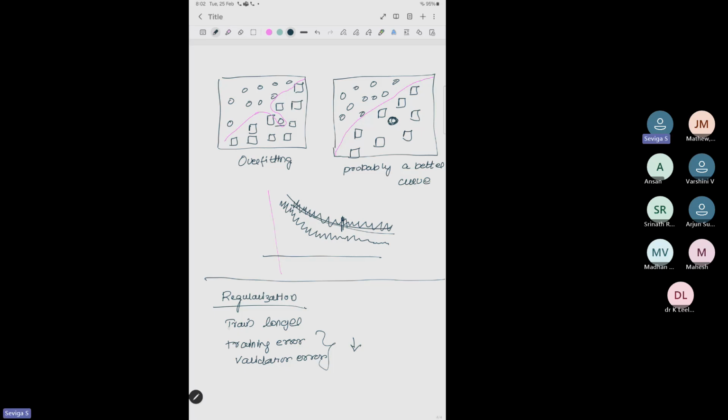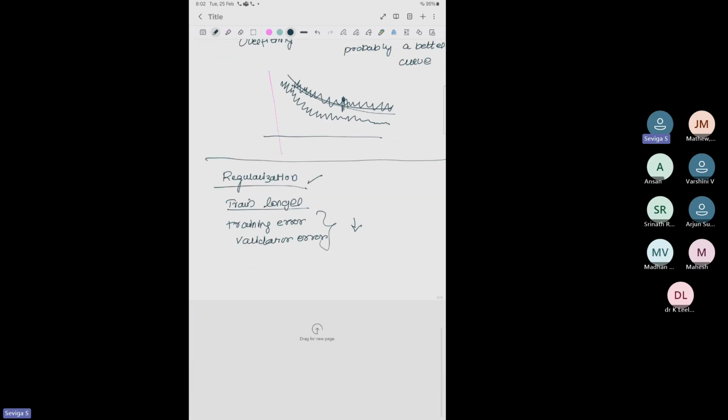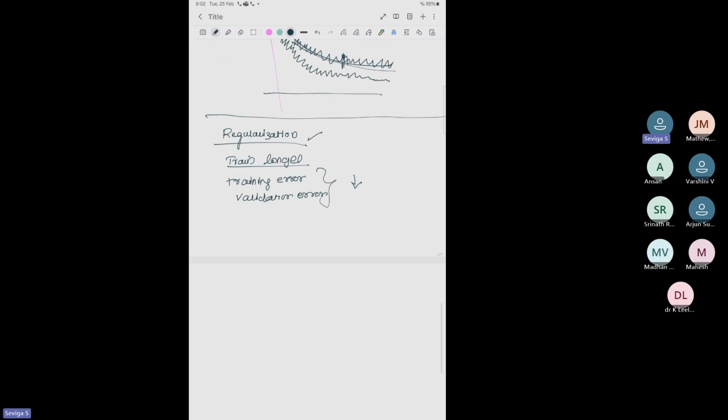Either if you want to train longer or you want to make both the errors low, then what we need to do is regularization. Early stopping is just making the training stop at one particular point. Whereas here, this is a different technique where it can allow longer training, and at the same time, it can reduce the error. This is called regularization methods or regularization.